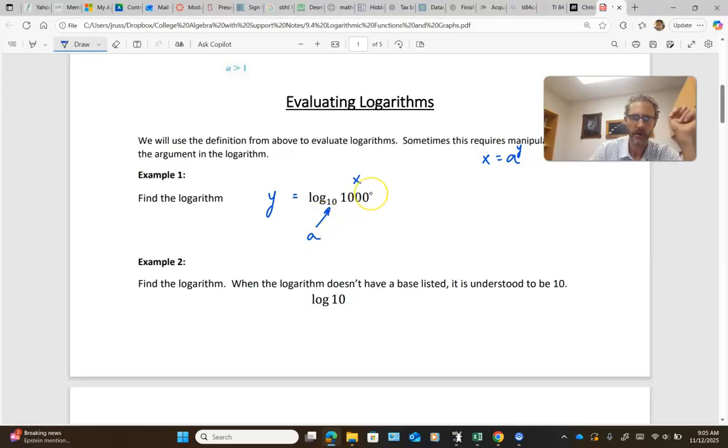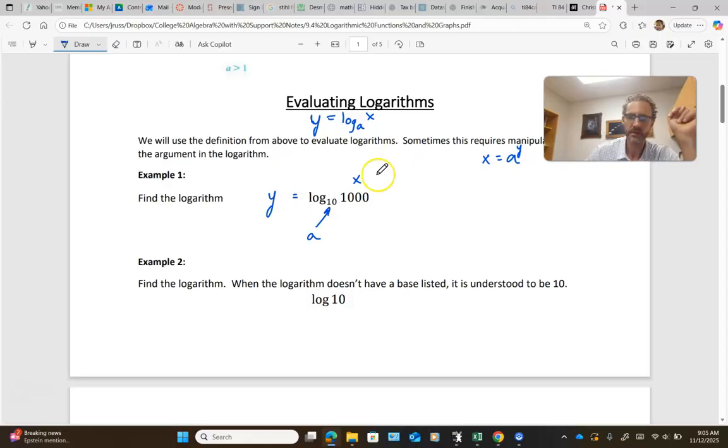Because remember, the way we define this logarithmic function, y is equal to log base a of x. So just identify what your a and your x are and plug them into this inverse relation, okay? And then you'll be able to reason and figure out what y needs to be.